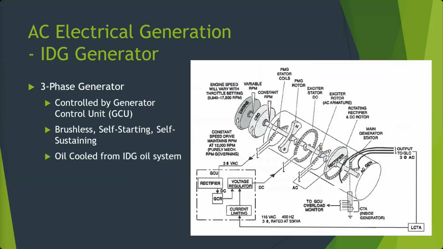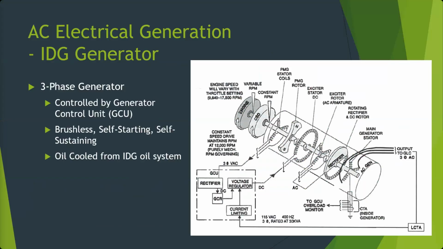So this is another electromagnet, and that is the electromagnet that works with the main rotating field, with the three phases hitting different points on it. So this is creating an AC signal that's then powering the main generator stator.